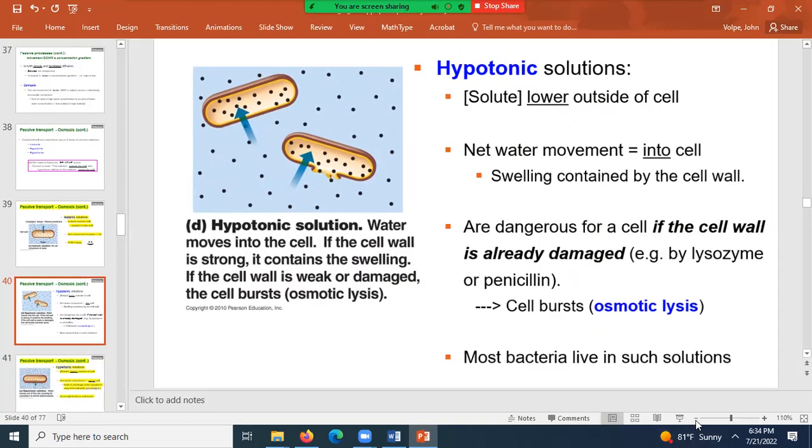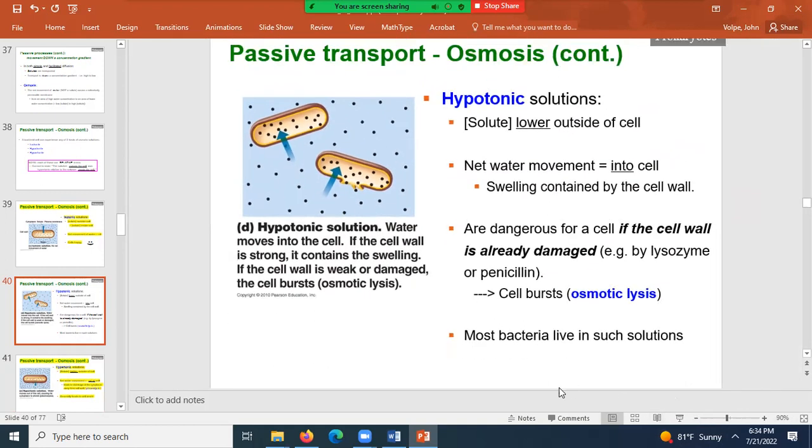For hypotonic solutions, the solute concentration outside the cell is at lower concentration than the solute concentrations inside the cell. So this will mean there's more water outside the cell than there is water inside the cell.